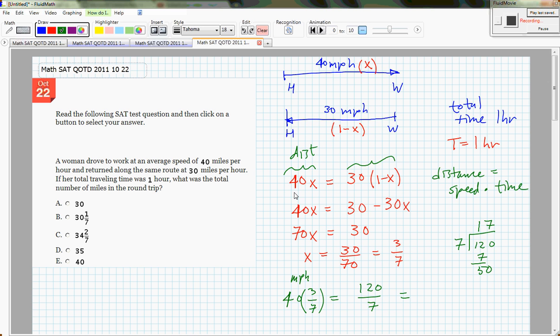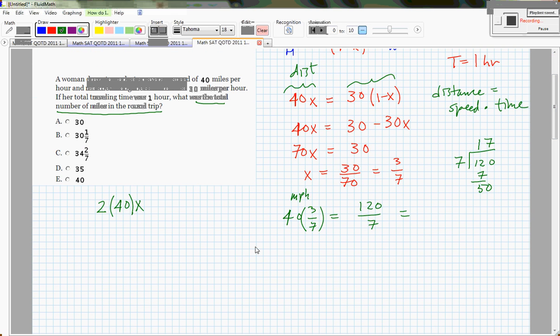So the total distance, total number of miles in the trip, is 2 times 40 times x, because 40 times x is the distance there, so 80. So 2 times 40 times 3/7 equals the total distance.